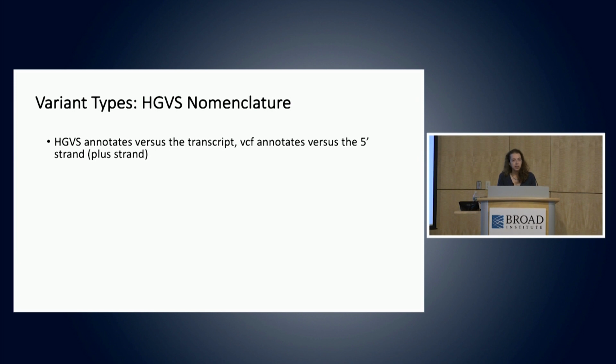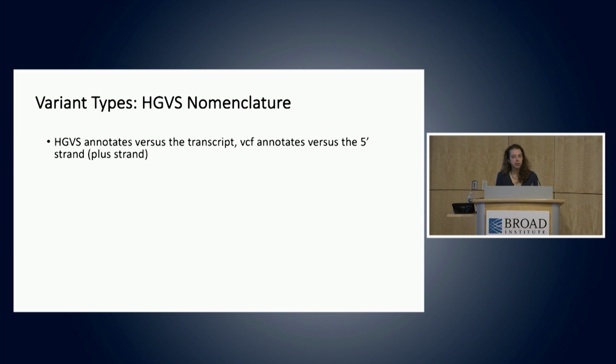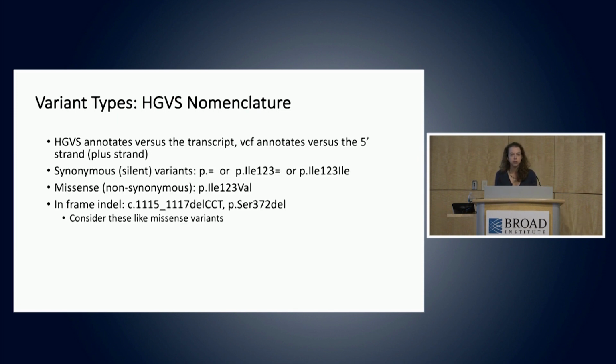The HGVS and the VCF don't really perfectly match up like you might think they would. So HGVS annotates versus the transcript, so it's very important to know what transcript you're referring to. The VCF annotates based just on the genomic coordinates and always refers to the plus strand or the top strand of DNA, the 5' strand.